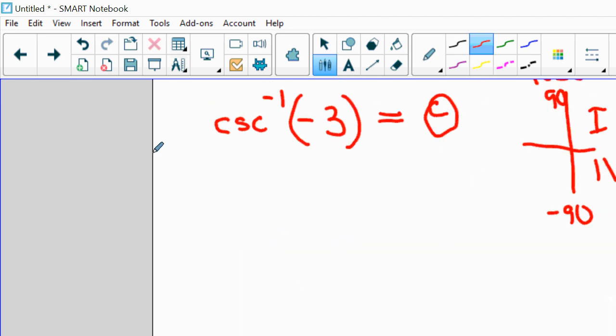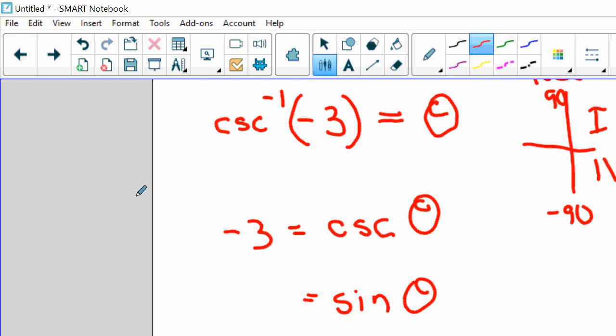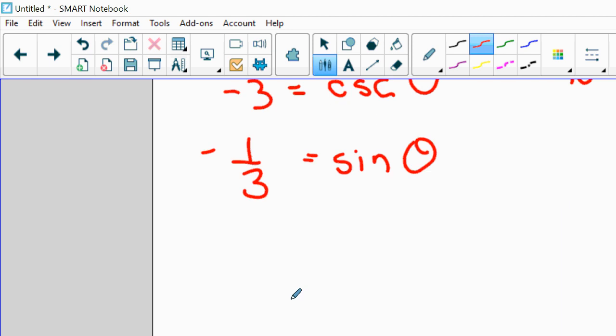So take cosecant of both sides, and I get negative 3 equals cosecant of theta. Then I reciprocate both sides, and I 100% know it's not a unit circle number, which means the only way you can actually get the angle is to inverse sine both sides.